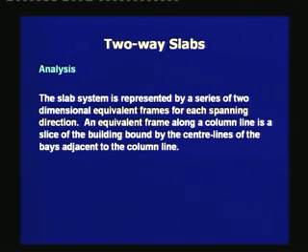As the name suggests, the equivalent frame method is based on defining an equivalent frame in each orthogonal direction. Depending upon the number of types of frame in each direction, the building is analyzed for each frame, and then the reinforcement is decided based on the analysis of each frame.